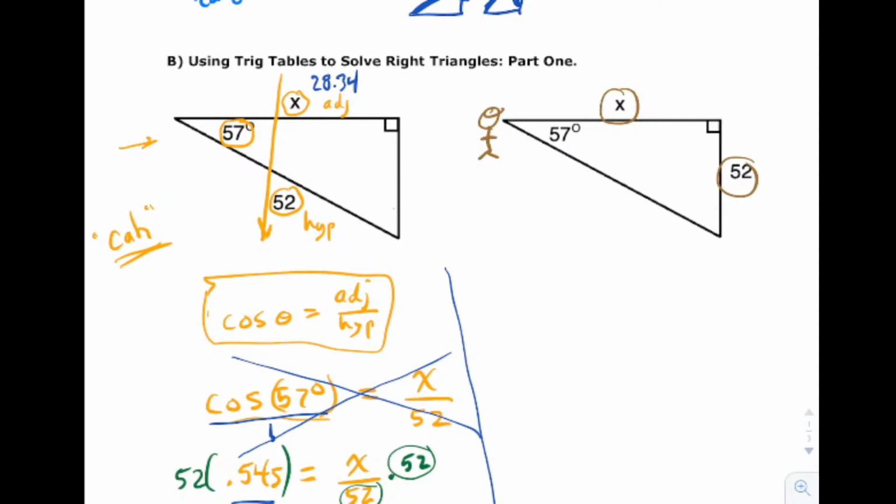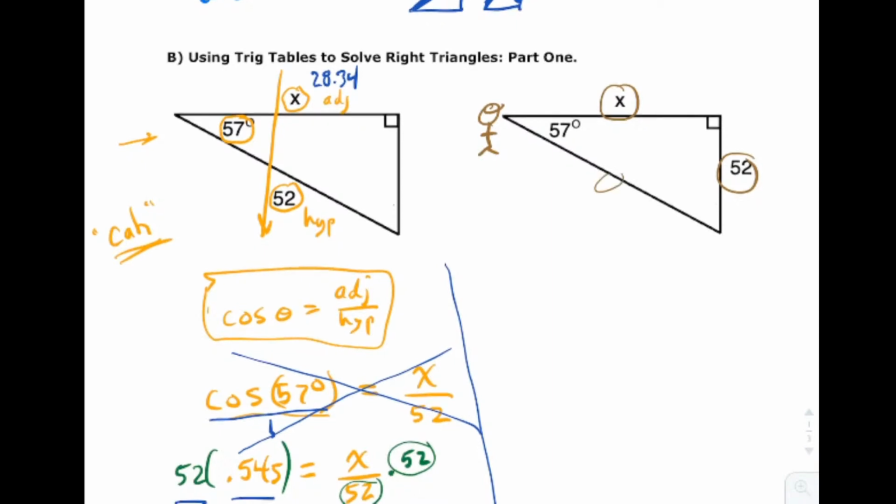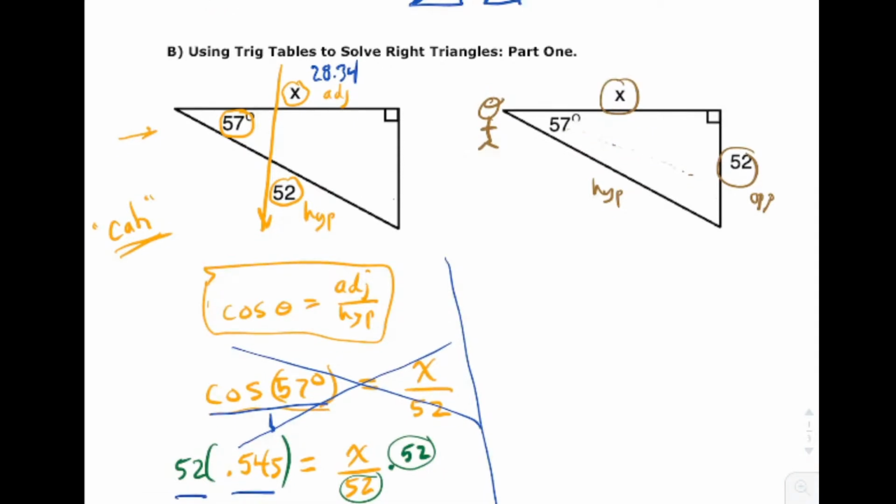One way you can remember tangent is that it doesn't involve the hypotenuse. If we're not using the hypotenuse, we're using a tangent. Of course, you could also do it the other way and say, here's my hypotenuse, and if I go through the triangle all the way to the opposite side, then that's the opposite side. And I'm standing on my adjacent side here. So notice we're playing with opposite and adjacent, OA.